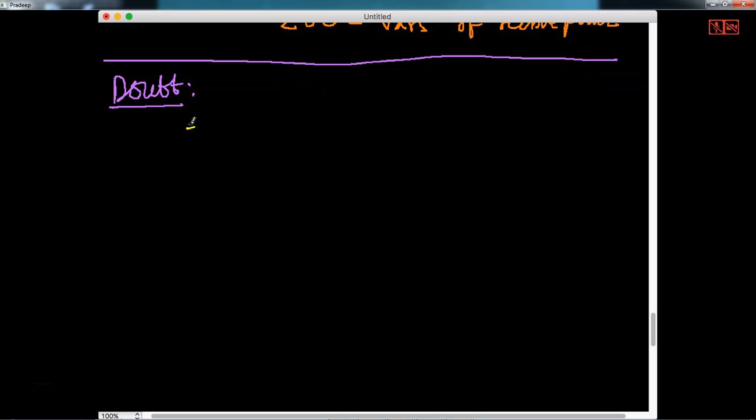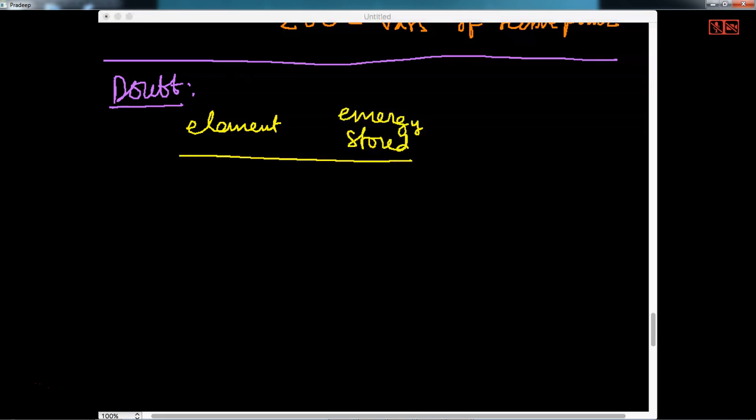The question is about the element and the energy stored. This doubt is asked by JNTUK. The element is an inductor. The inductor stores the energy in what form?